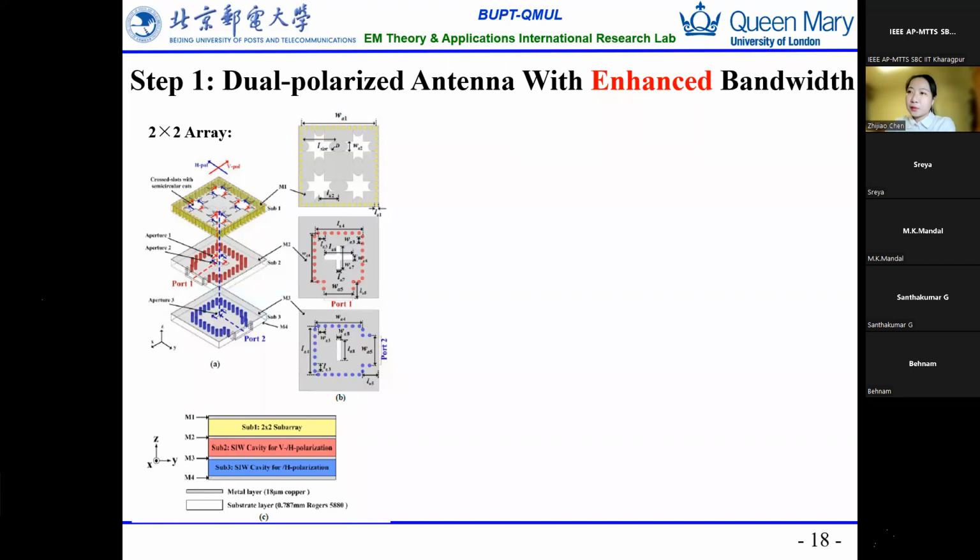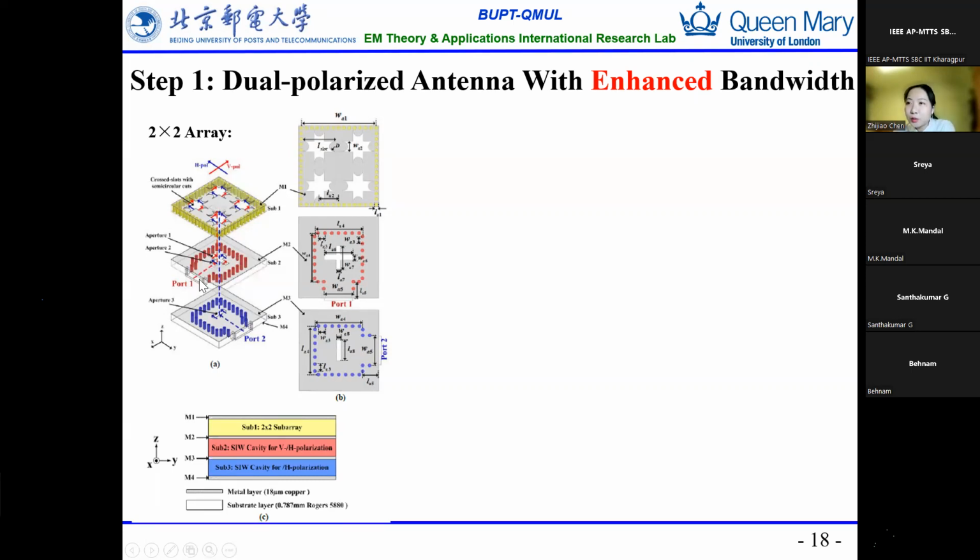The same principle applies for port 2: the power goes in here, penetrates through this slot, resonates in this cavity, and goes up again and radiates.